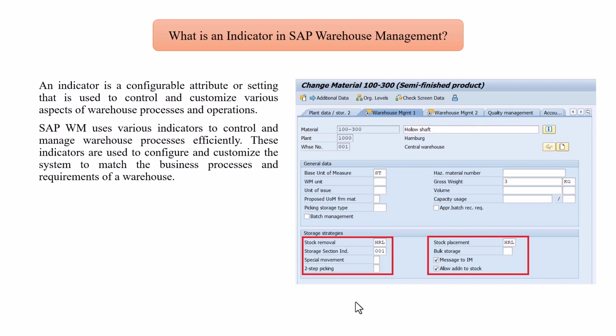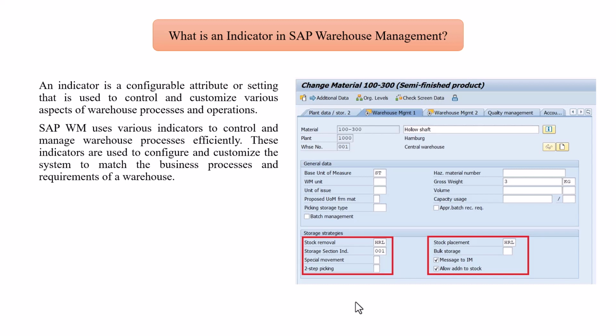In this video, we are going to see the different indicators available in SAP Warehouse Management. First of all, we have to know what an indicator is in SAP Warehouse Management. Indicators are nothing but predefined or pre-configured settings available in our system that are used to control and customize various aspects of processes and operations of a warehouse.